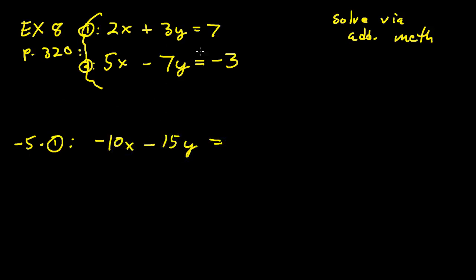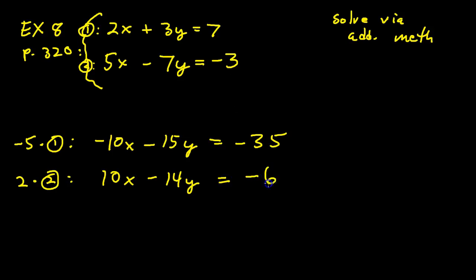And minus 5 times 7 is minus 35. So it's a little different than the last example. And if you're going to multiply the top equation through by minus 5, I would probably multiply the bottom equation by positive 2. That will give me a 10x in the x slot, minus 14y in the second slot, and of course 2 times minus 3 is minus 6 here.